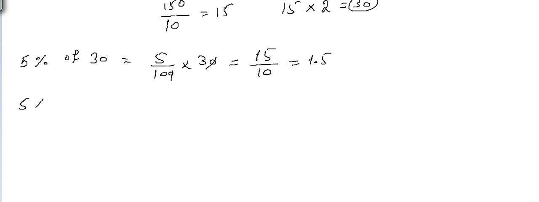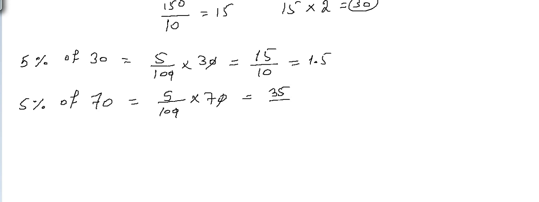Let's find another one. 5% of 70, which is 5 over 100 times 70. The zeros cancel, and 5 times 7 is 35, divided by 10 is 3.5.